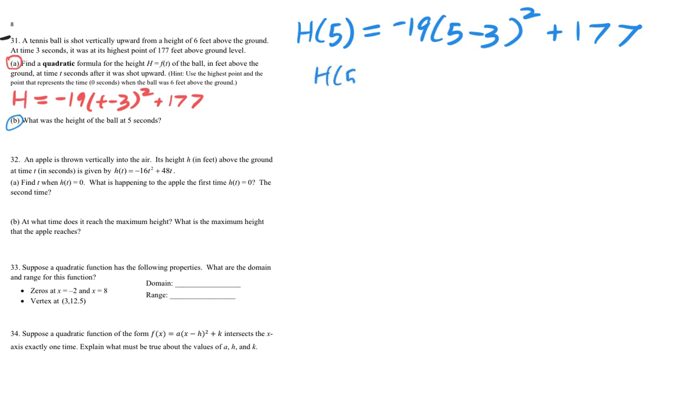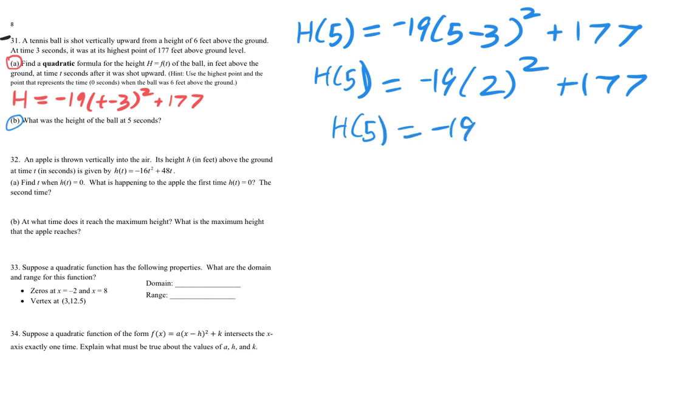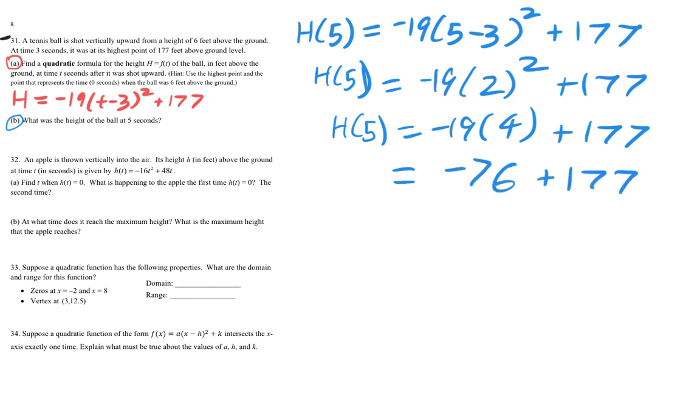So h of 5 equals negative 19 times 2 squared plus 177, which is negative 19 times 4 plus 177. So negative 76 plus 177. So our height at 5 seconds is 101 feet.